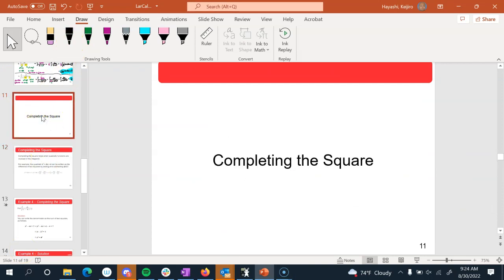All right. So completing the square is something that you would have learned in algebra, when you were talking about quadratics or polynomials.